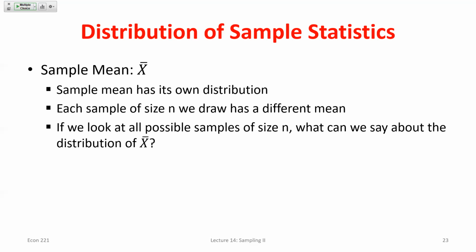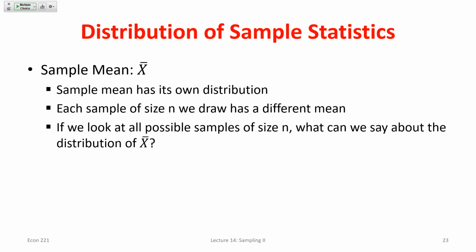What's going to end up being true is if I do that, my sample means will end up being distributed around whatever the original population mean of the data I sampled from was. So if I look at 10,000 different sample means, and let's say I was calculating the average income from 10,000 different samples, the average of those 10,000 sample means will be whatever the original average income was from that population I was sampling from.